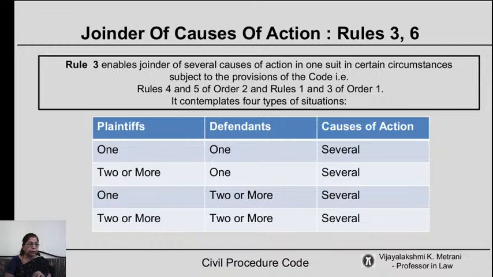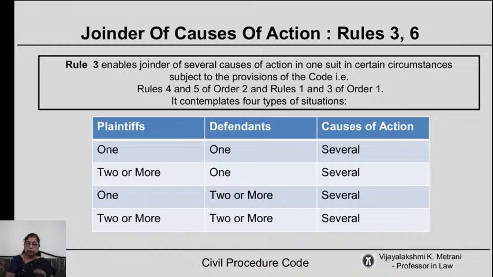Or secondly, where he is jointly liable to any other person along with the deceased person in that particular case, then only he can join the cause of action, otherwise not. So subject to Rules 4 and 5, and subject to Order 1, Rules 1 and 3.